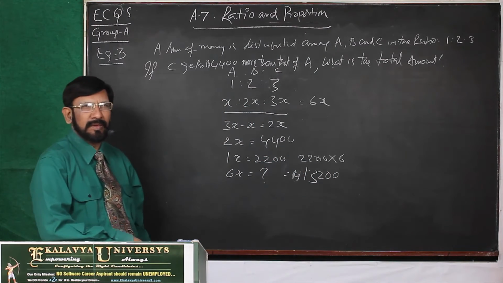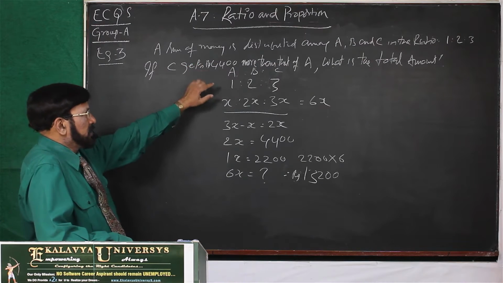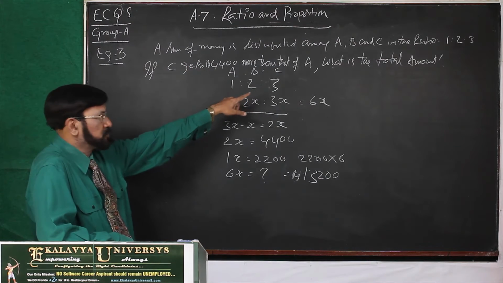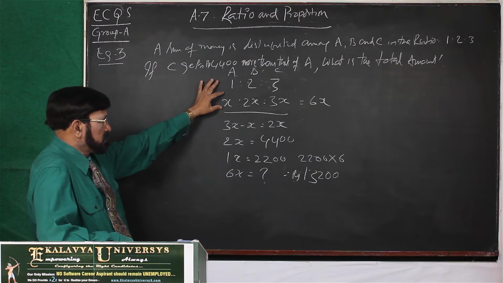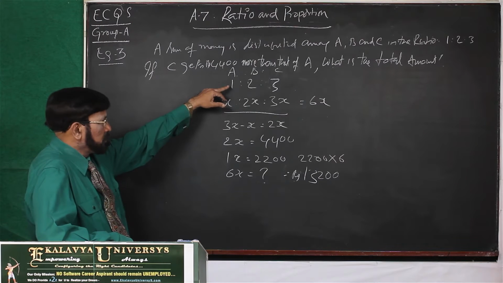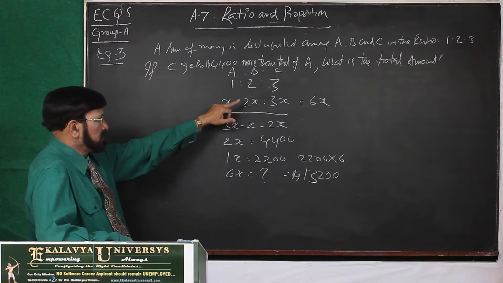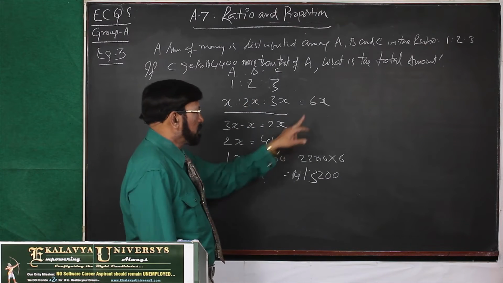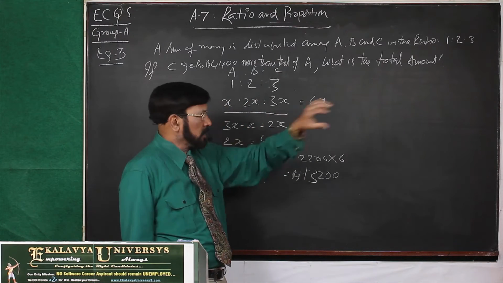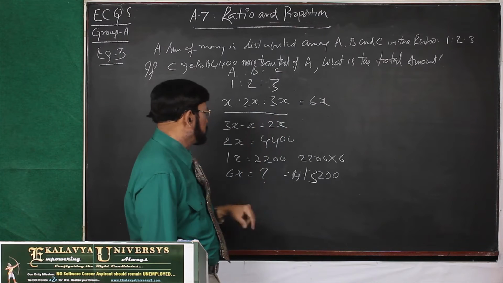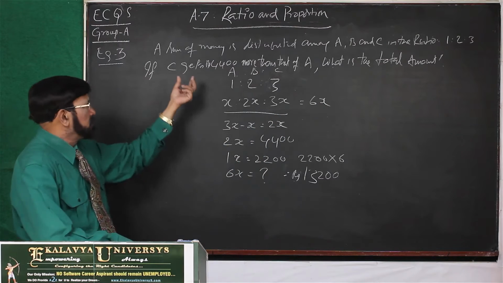13,200 rupees. Here a simple thing, the ratios are these ratios. So the actual sum, we can multiply by x: 1x, 2x and 3x. Total thing 6x. Total amount 6x. Now what clue is given?